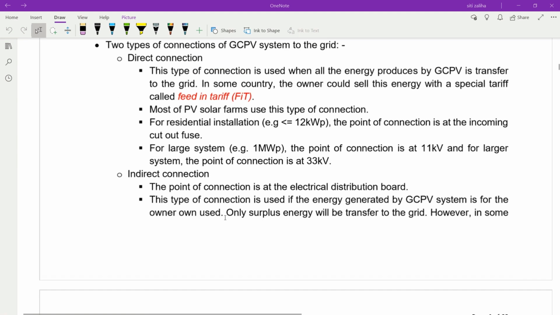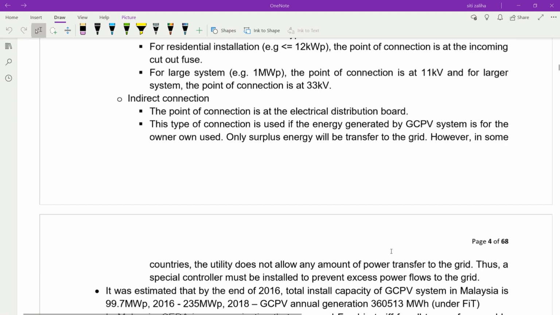If you refer to this statement, indirect connection, for the owner's own use, this is usually under the NEM scheme, net energy metering scheme. So only surplus energy will be transferred to the grid.